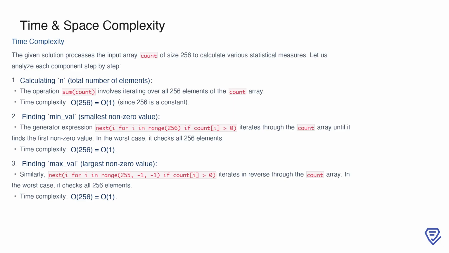Regardless of the input values, this sum operation is constant in time, hence the complexity is O(256), which simplifies to O(1). Next, finding the smallest non-zero value, min_val, involves searching through the count array for the first index with a non-zero value. Even in the worst case, where all values are 0 except for the last element, this search will always terminate after 256 iterations, which is again constant time, O(1).